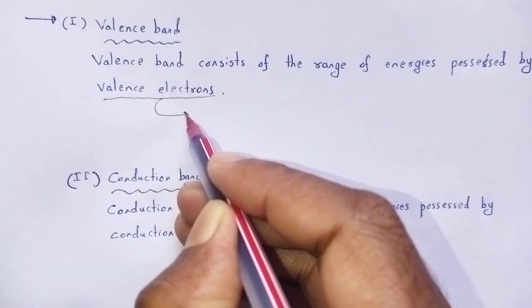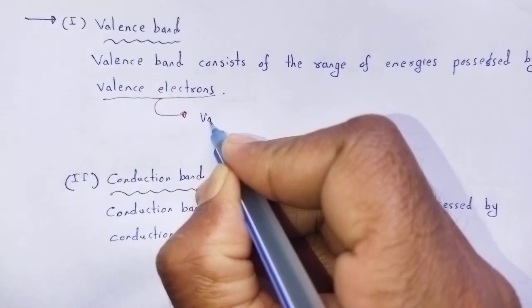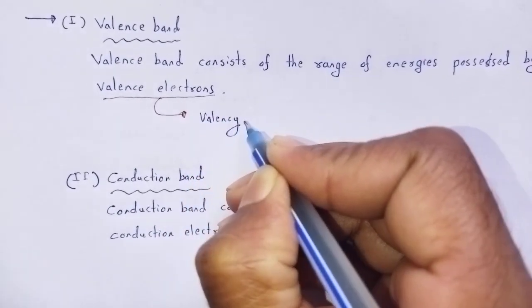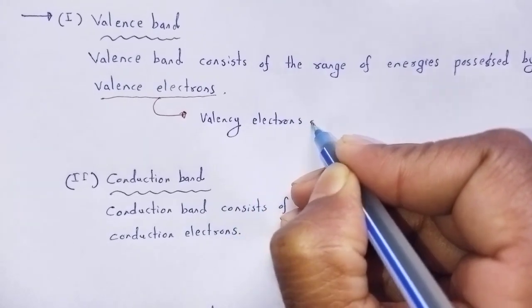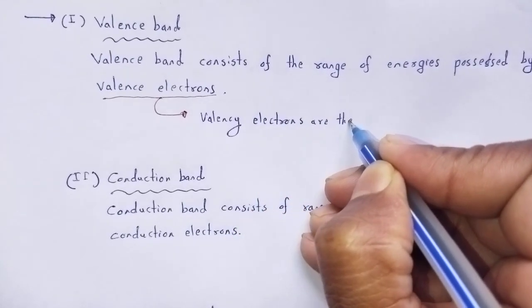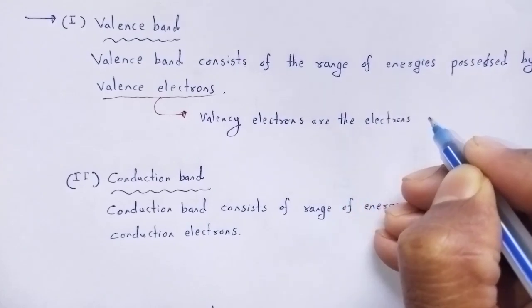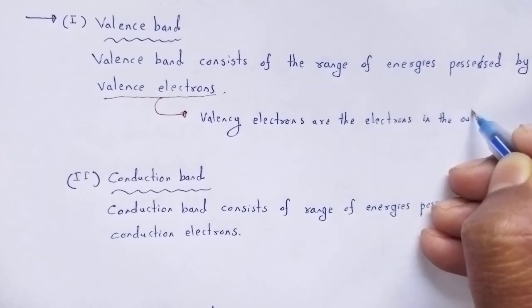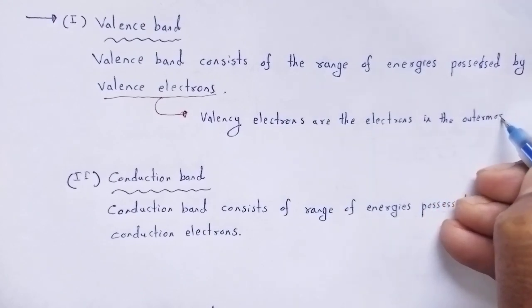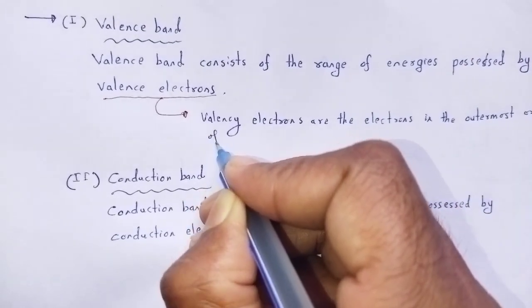So, what is valency electrons? Valency electrons are those electrons that are present in the outermost orbit of an atom.